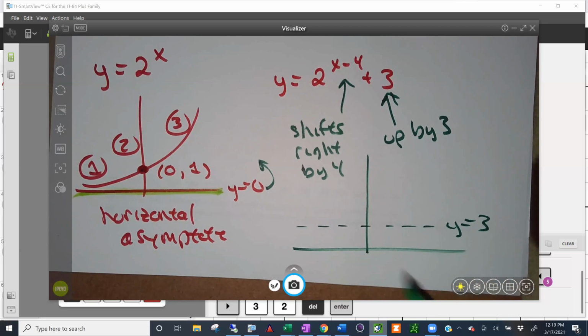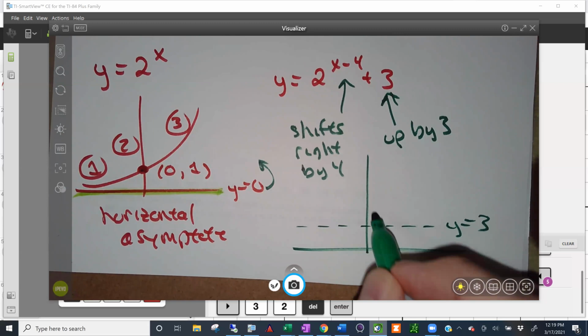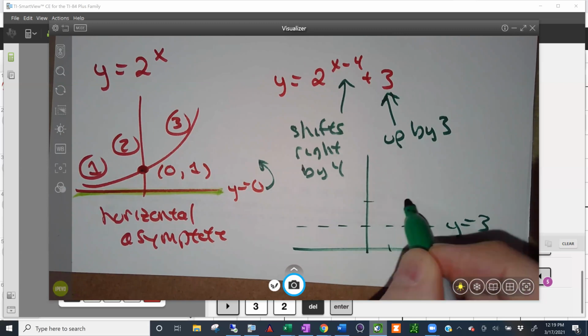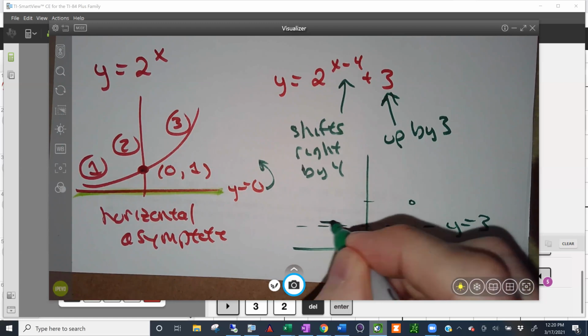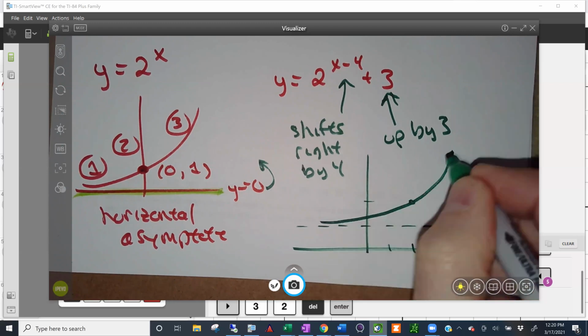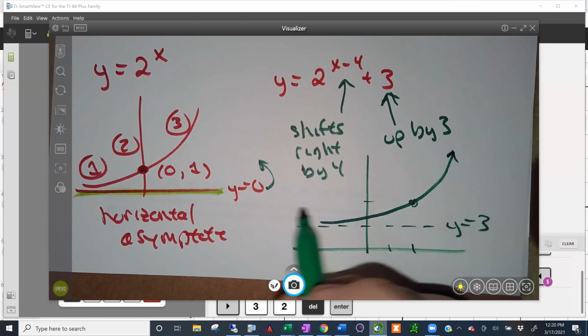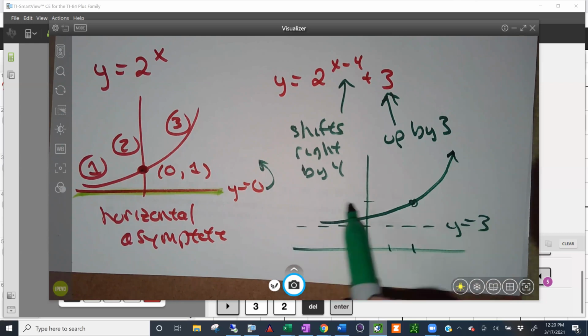Then I'll plug in the point 4 and 4, and my new graph is going to look like this. So it was shifted to the right by 4 and up by 3, and that's my new graph. I mean, at least approximately. It's giving you a good sense of the overall shape here.